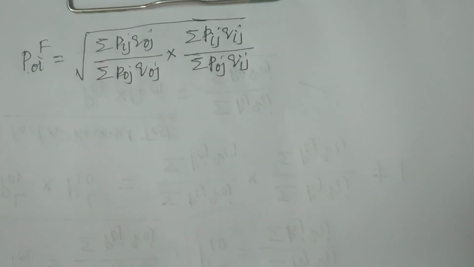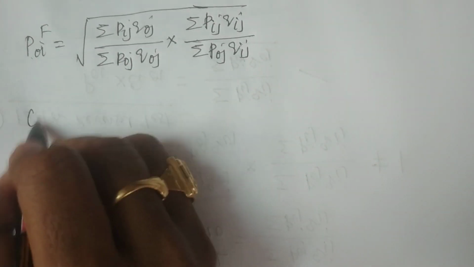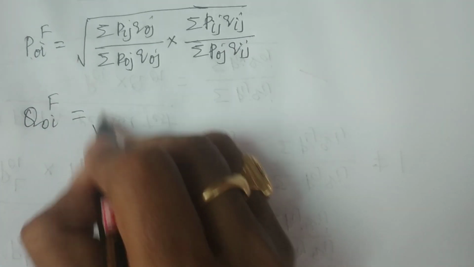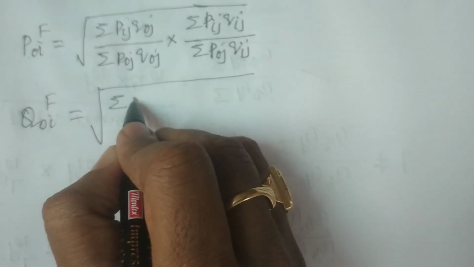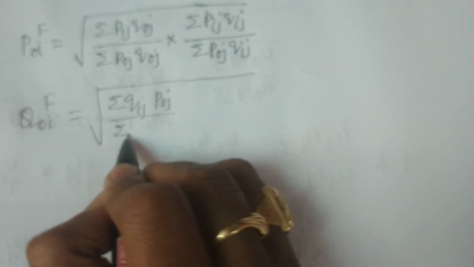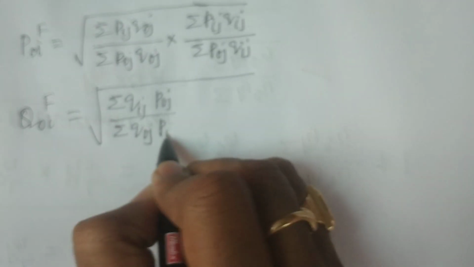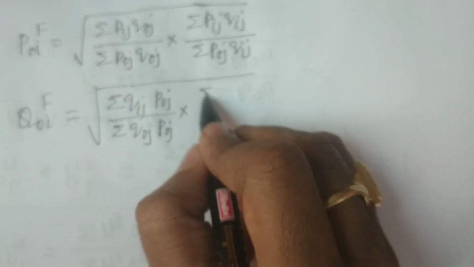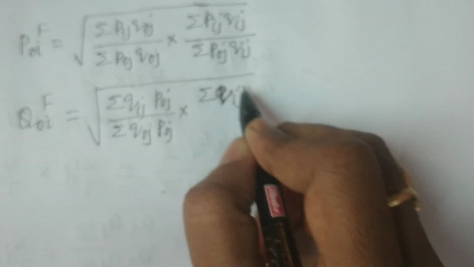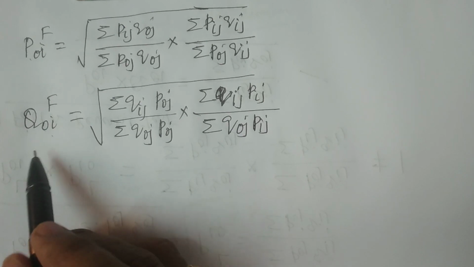And the quantity index number now, Q0i Fisher, is equivalent to summation Qij P0j divided by summation Q0j P0j multiplied by summation Qij Pij divided by summation Q0j Pij. This is the formula of Q0i, the quantity index number of Fisher.